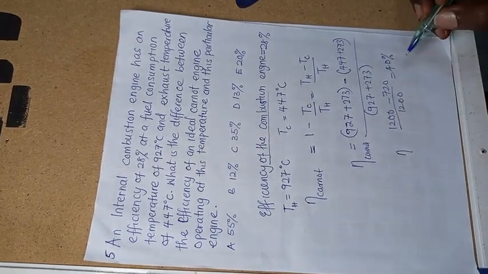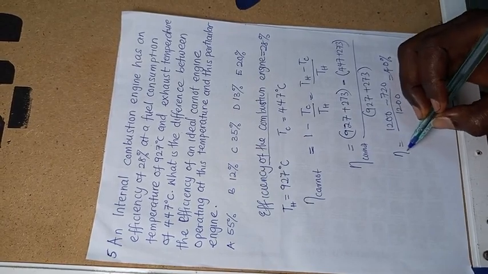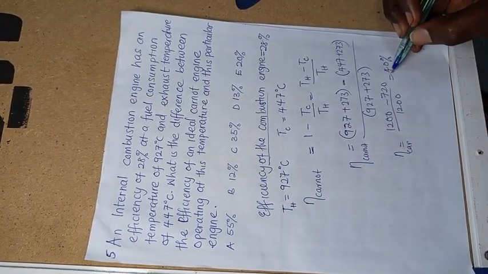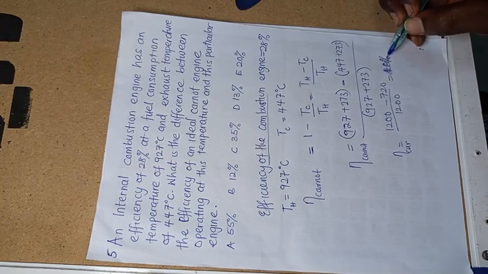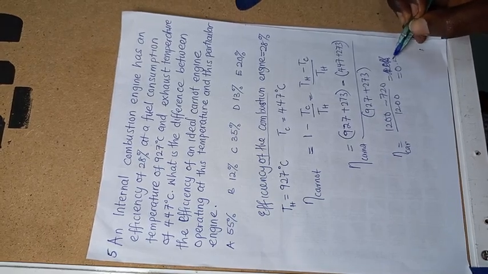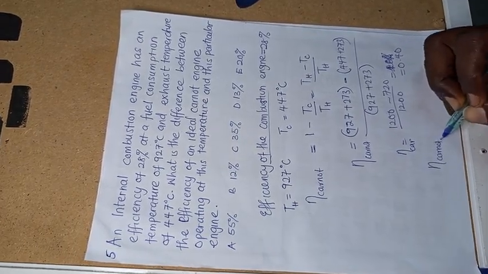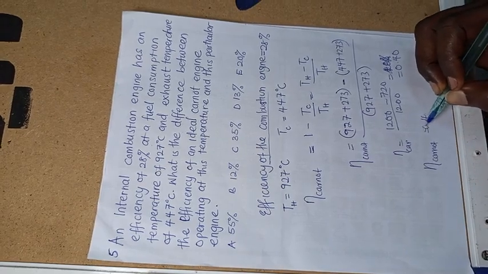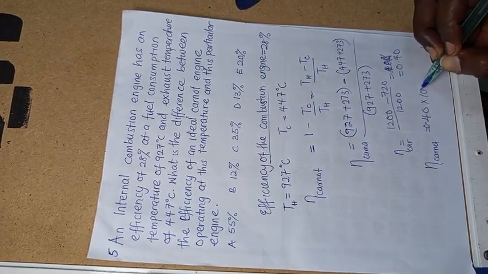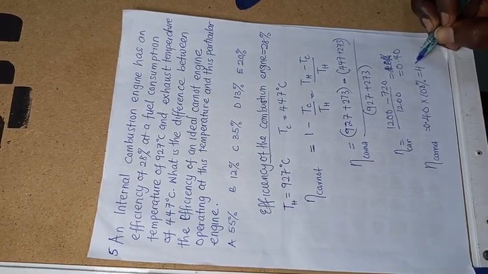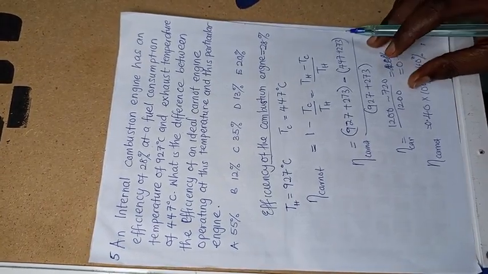How do you get the 40%? Multiply the result times 100. This one will give us 0.4. Let me write it like this: 0.40. So in percentage, the Carnot efficiency becomes 0.40 times 100%, 40%. That is our answer.